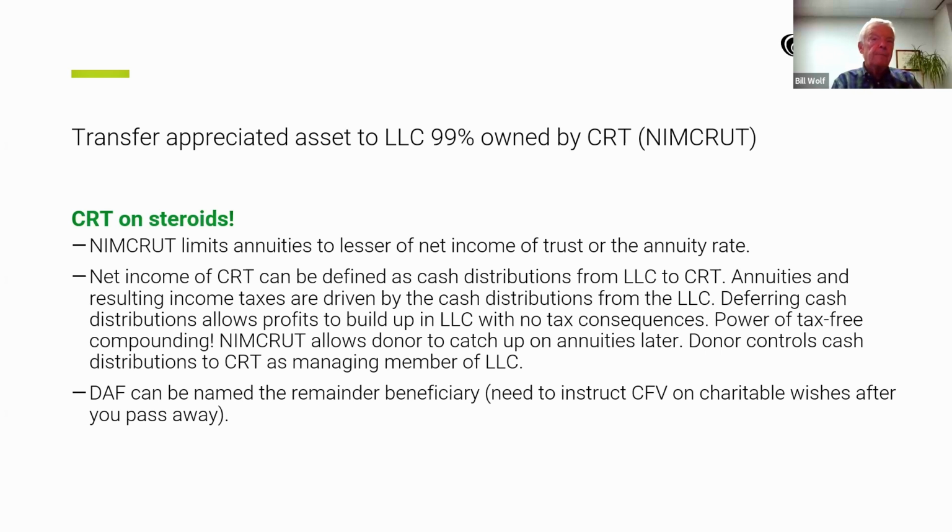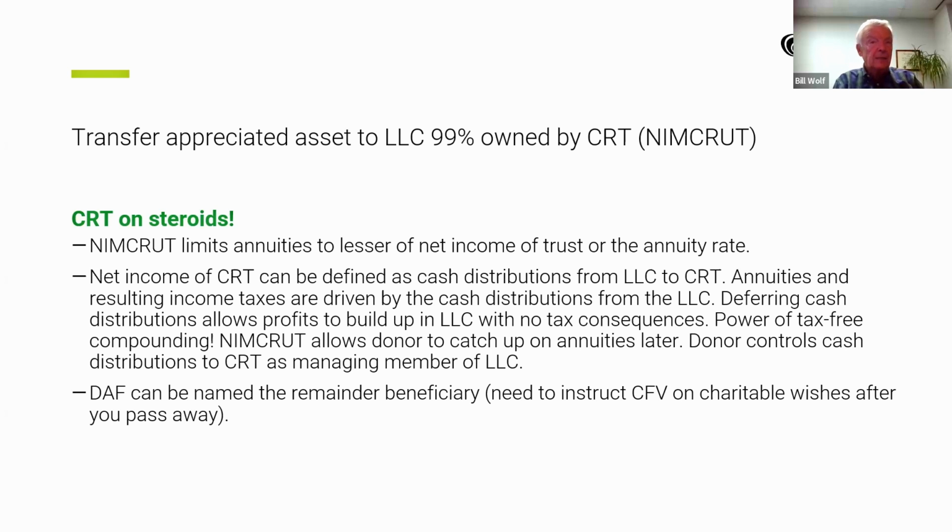What is the income being earned by the CRT? We have income being earned by the LLC in this case, right? They're holding assets. But when is the income earned by the CRT? Well, if it's 99% owned by the CRT, I guess in the same year. No, the CRT doesn't have income in the same year as the LLC. There's no correlation.